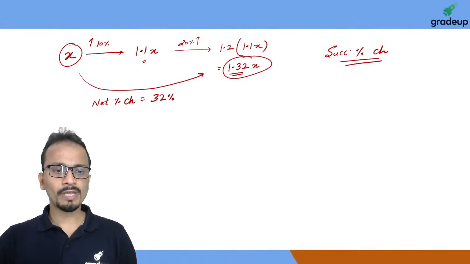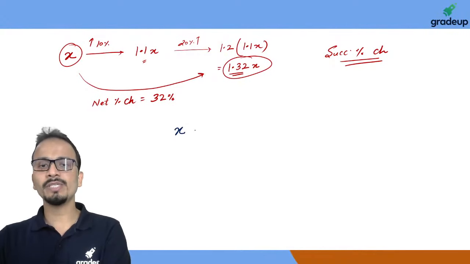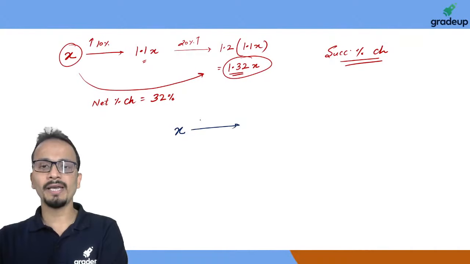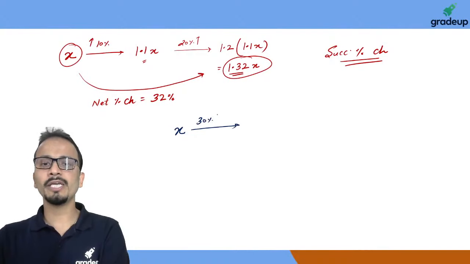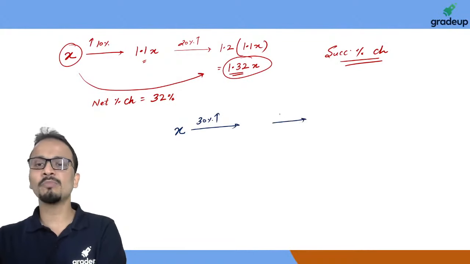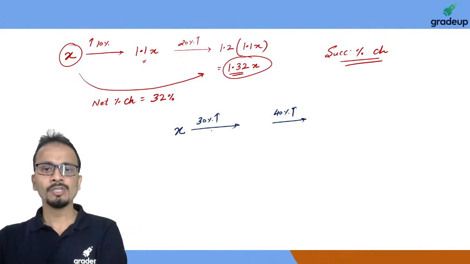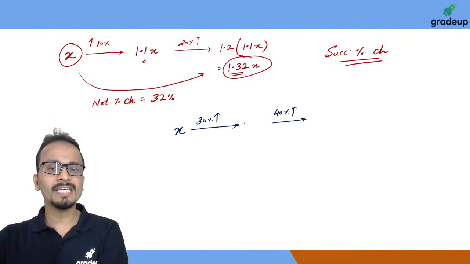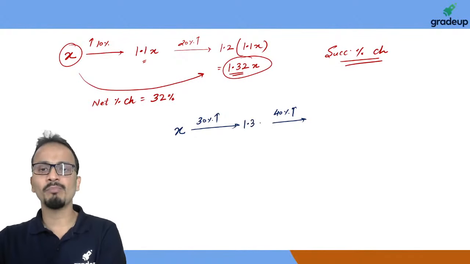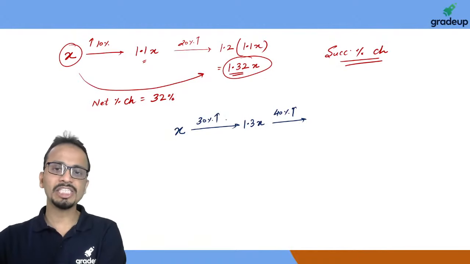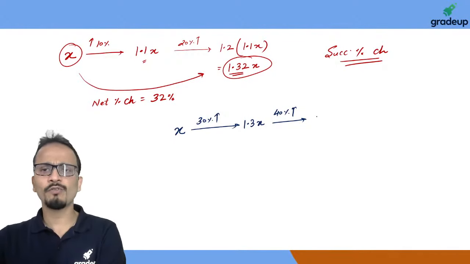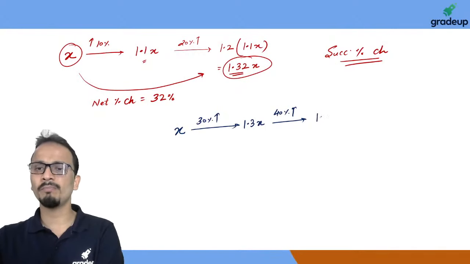Now let's have a look at one more example for the same. Let's say the initial value is x, increased by 30 percentage, and then increased by 40 percentage. These are the two successive increases. First, an increase of 30% will generate a factor of 1.3, which will be multiplied by the initial value. Then an increase of 40% will generate a factor of 1.4, which will be multiplied with 1.3 times x.